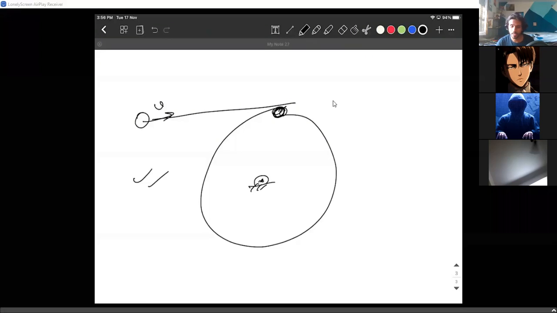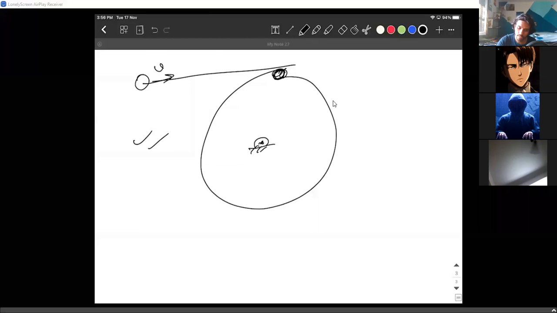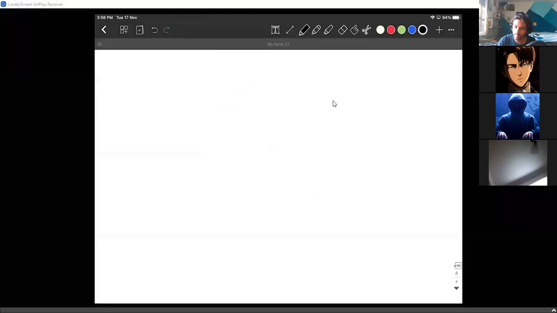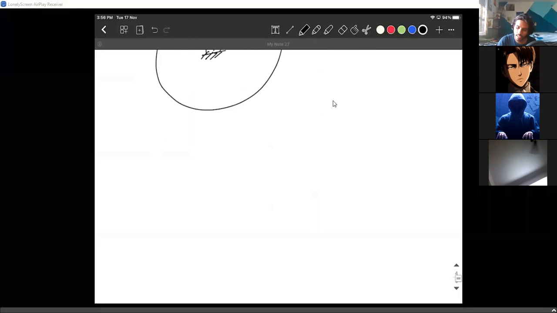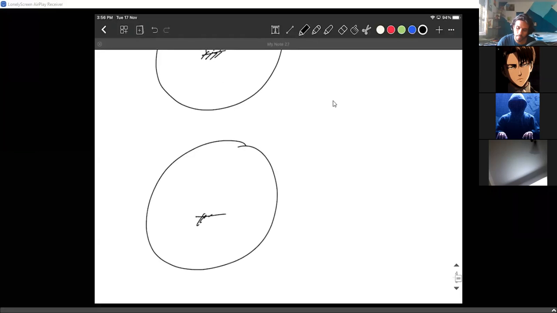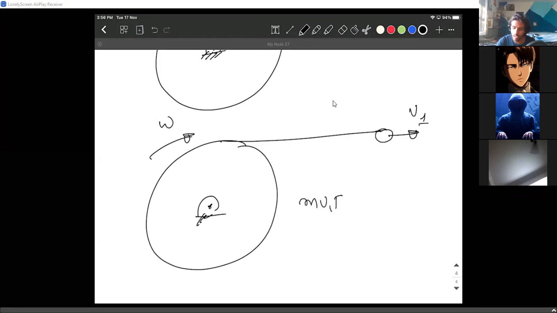You will get the same answer. Let me take a page and show it to you anyway. When it has a velocity, the initial angular momentum is mvr. But when the string gets taut, it has some v1. Let's just say the disk has some omega, and you write the angular momentum of this thing as mv1r.